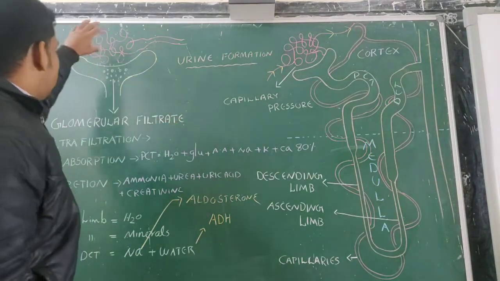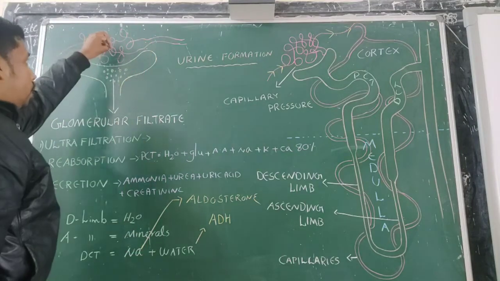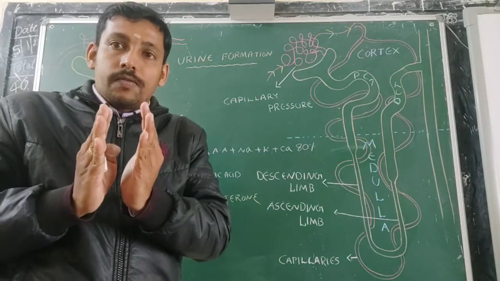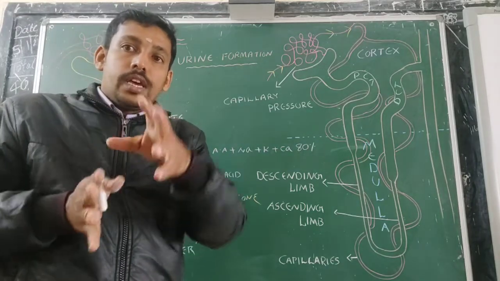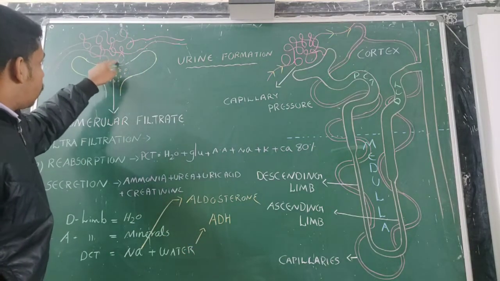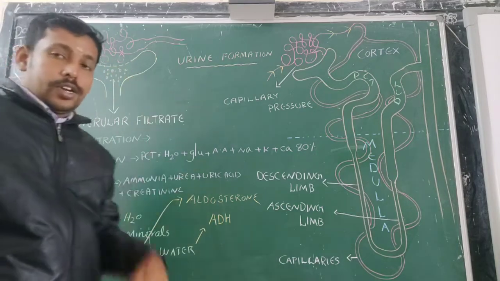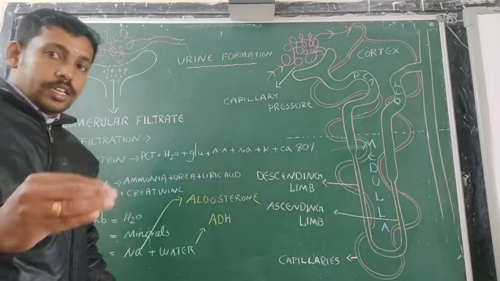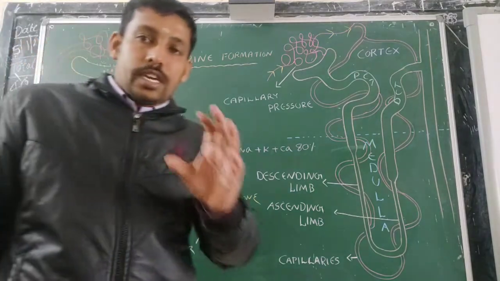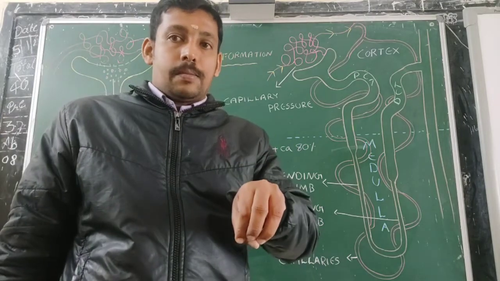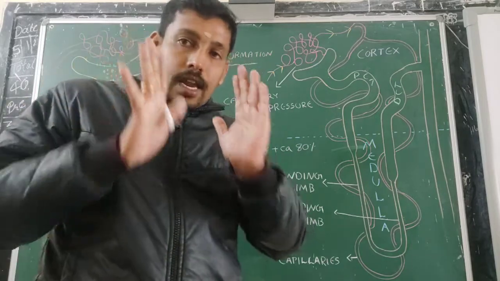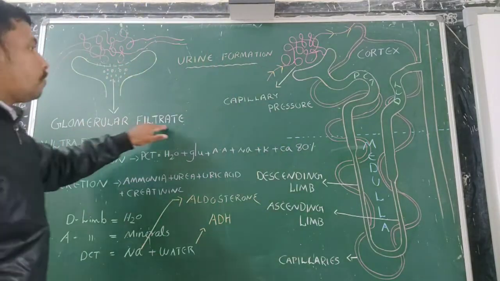The blood is filtered through the wall of the glomerulus as well as through the wall of the Bowman's capsule, and that filtered fluid is collected in the Bowman's capsule. That collected solution is known as the glomerular filtrate.